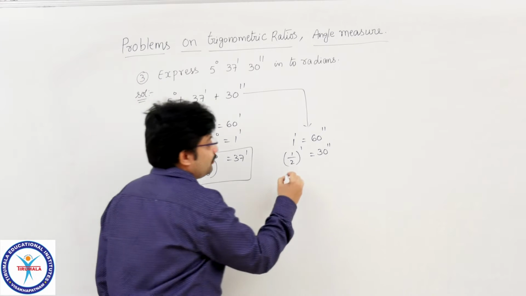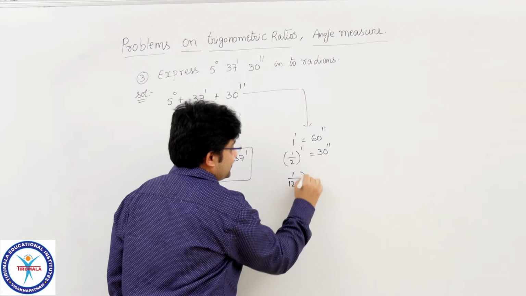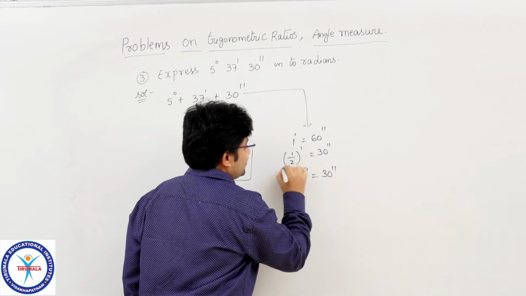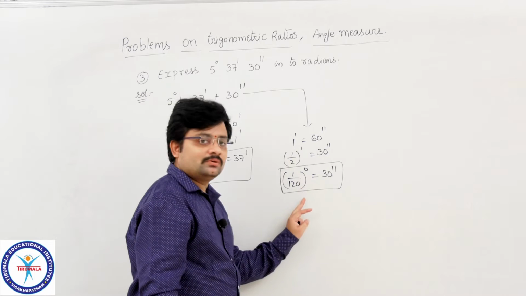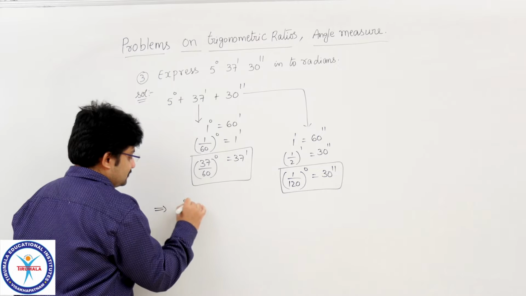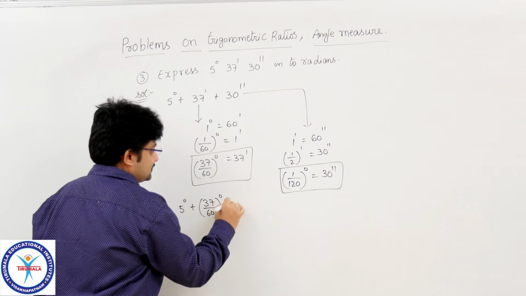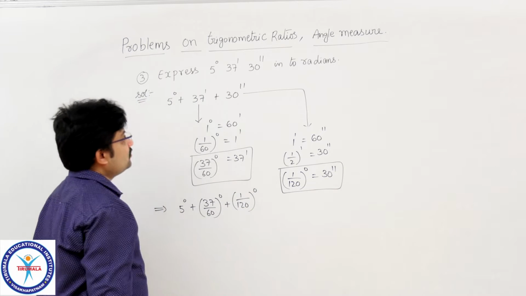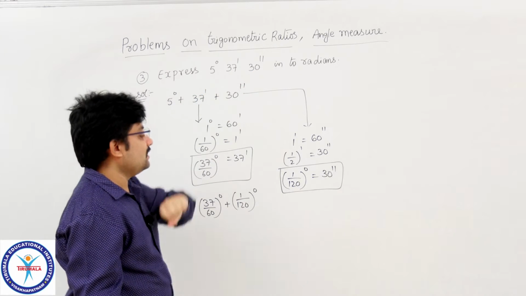For half minute it will be 1 by 120 degrees, which is equal to 30 seconds. So, we have converted 30 seconds into degrees. In total, how many degrees are there here? 5 degrees plus 37 by 60 degrees plus 1 by 120 degrees. That means, we have converted the 37 minutes and 30 seconds into degrees.